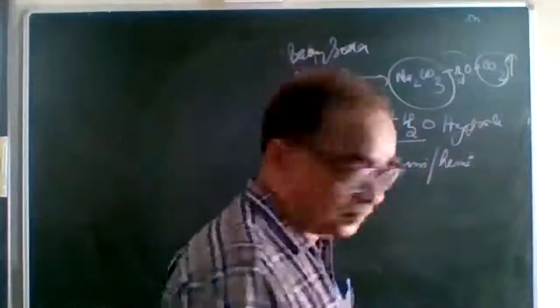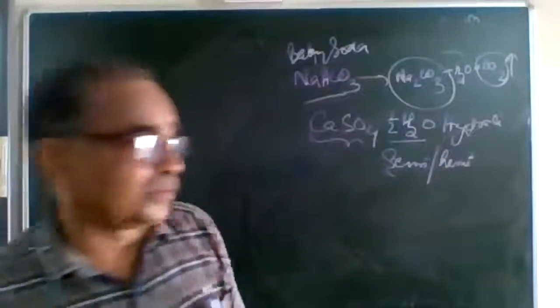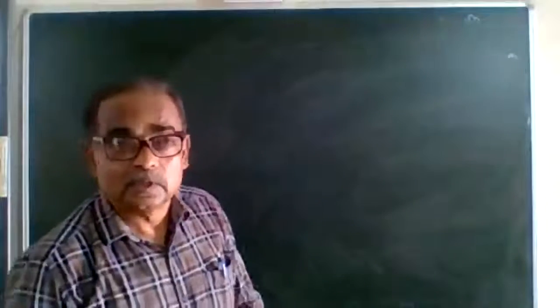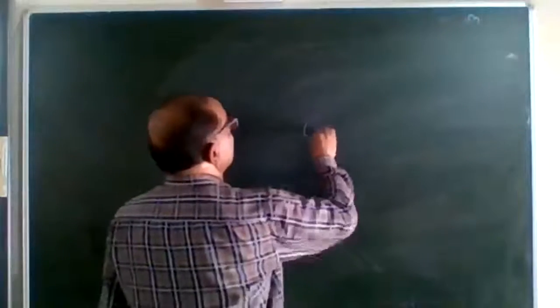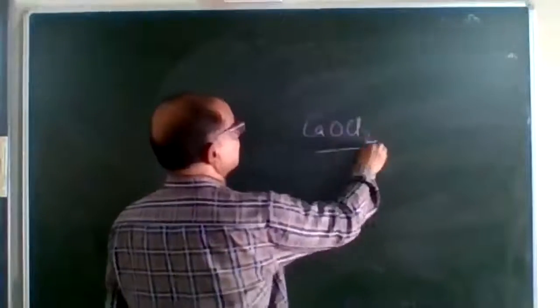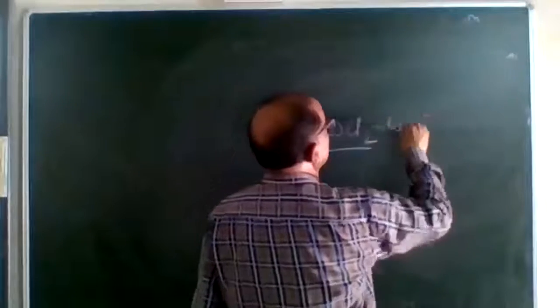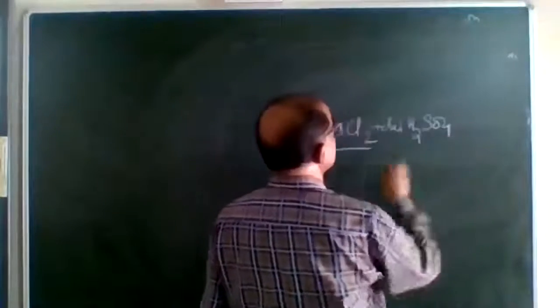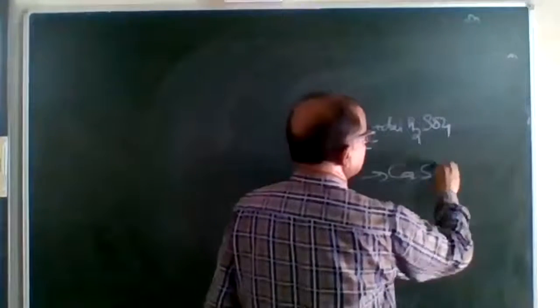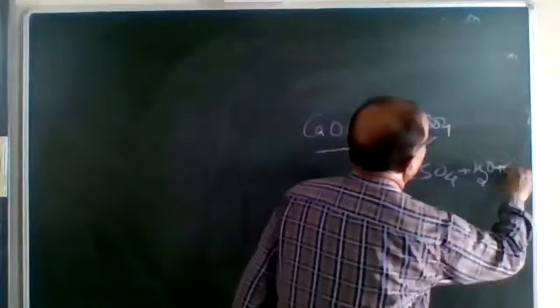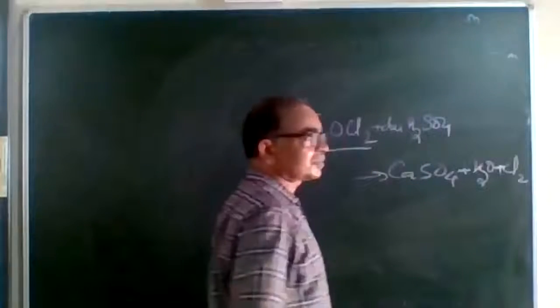To assure you, if your fabric needs to be bleached, what are we taking? We are taking calcium oxychloride, bleaching powder, and making it react with very diluted sulfuric acid. Then we get calcium sulfate plus H2O, and chlorine gas is released.